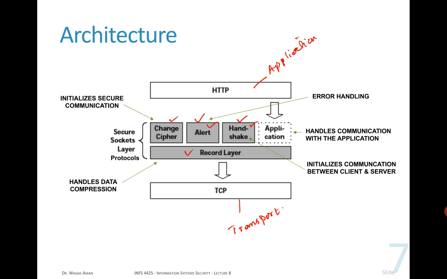What is change cipher spec? Change cipher spec is a protocol that either confirms or initializes a secure connection. Whenever there is a change in the security measures, whether it is at the beginning of the handshake, or a new handshake to be performed, or a session is resumed, this protocol helps to confirm that the new security measures are now in place.